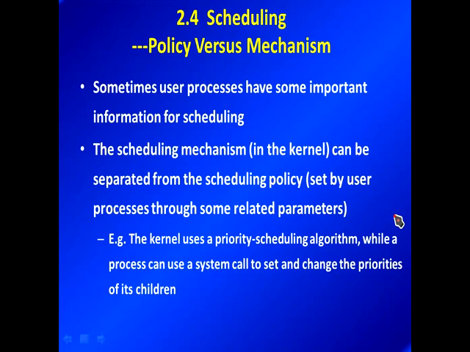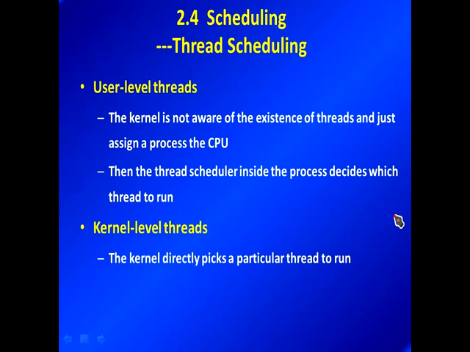You can see sometimes the operating system might be unaware of some information relevant to thread scheduling. So this kind of information should be handled by the process, but not the scheduler. And also, we have two different ways to implement the threads inside a process.